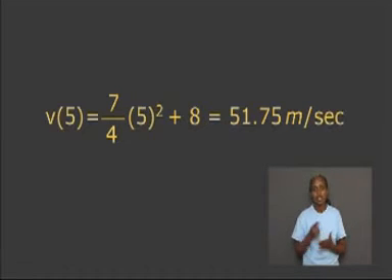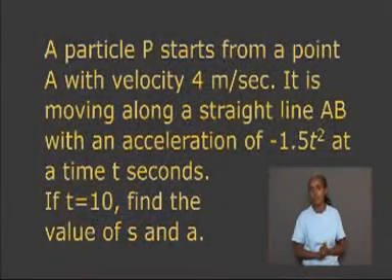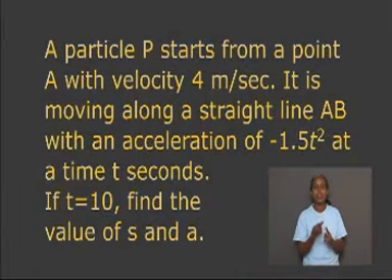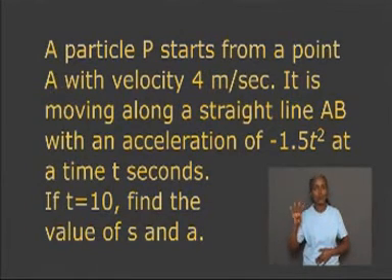It is a good working model of how to calculate for particles in motion. We will try another example. Using the same equations, I would like you to answer this question. This time, the particle is starting from point A with a velocity of 4 meters per second.